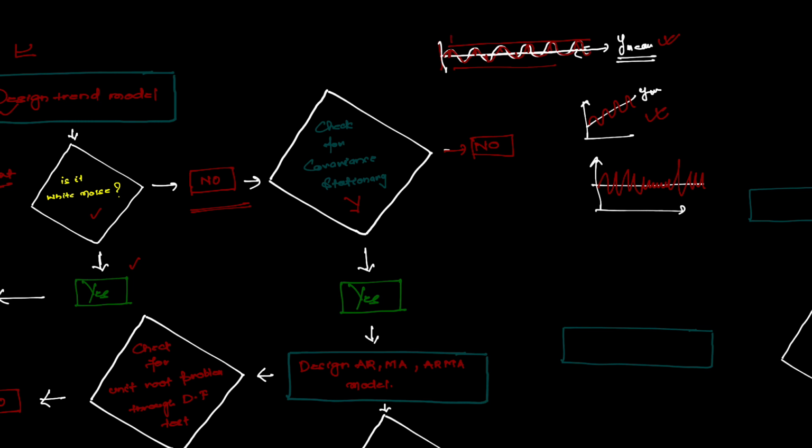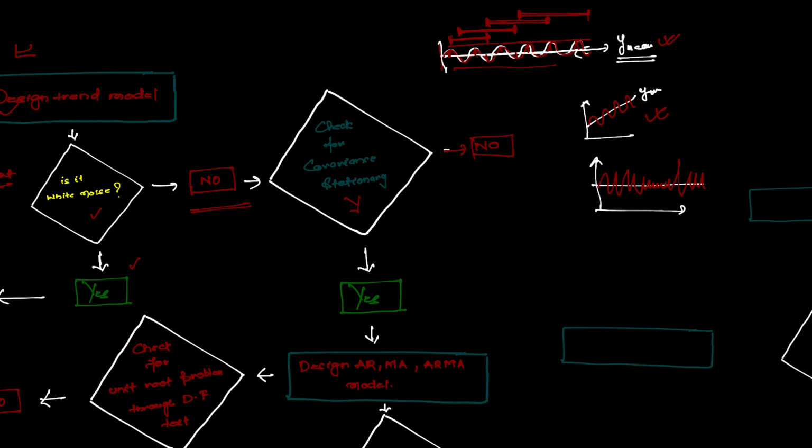So if I try to break the section into different lag, so assume the correlation between this section and this section is 0.6, then the correlation between the second section and the third section will also be 0.6, and the correlation between the third section and the fourth section would be also 0.6.